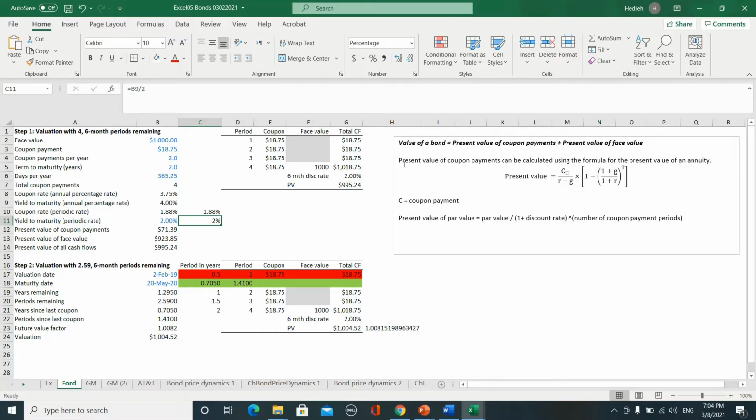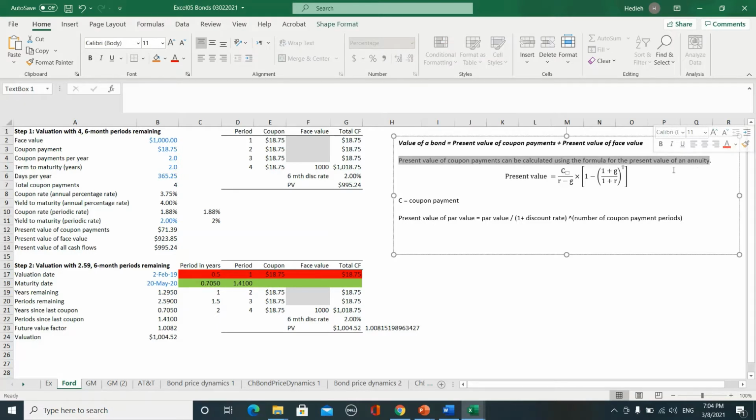So you can find the present value of coupon payments using the present value formula for an annuity, which is the formula that you can see, and I can make it in red, right? But you don't have any kind of growth rate in your cash flows or in your coupon payments, so you should set G equal to 0.